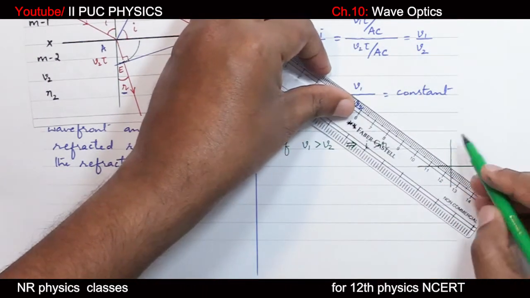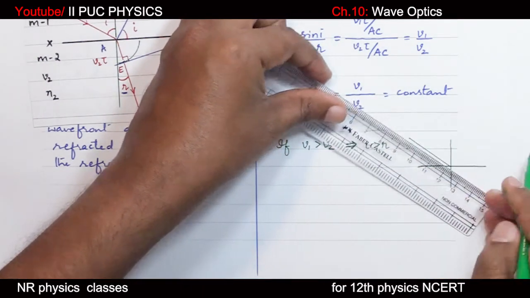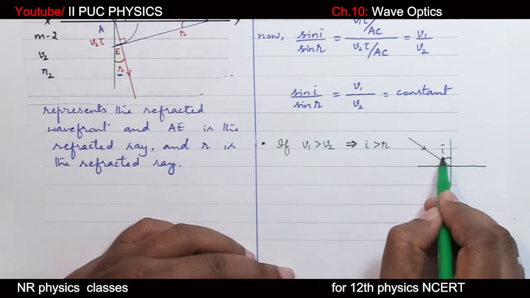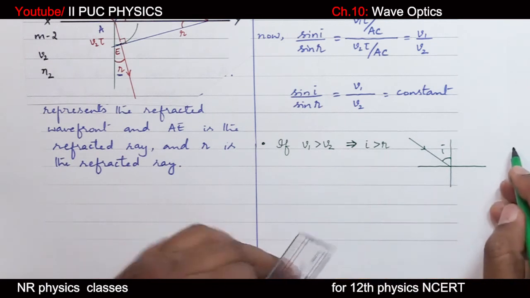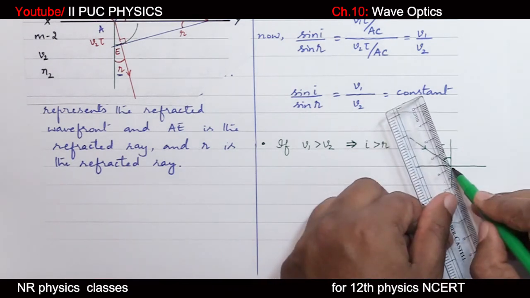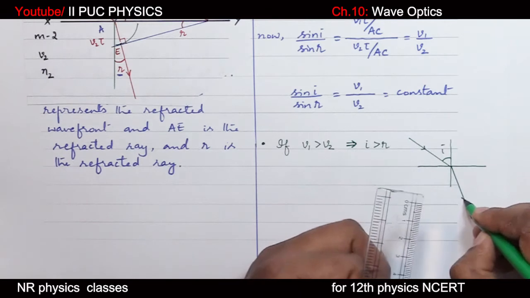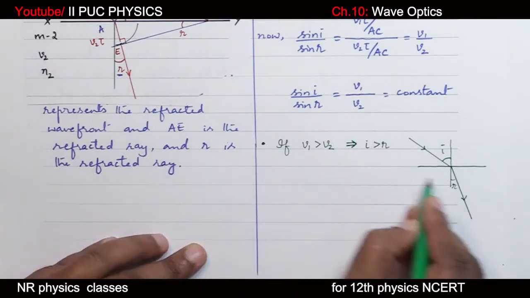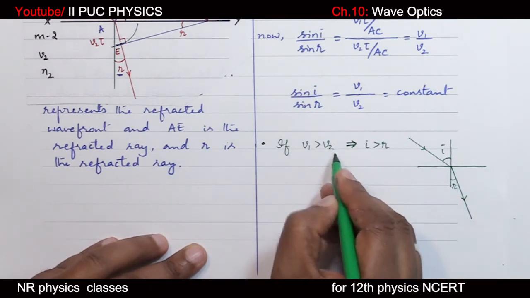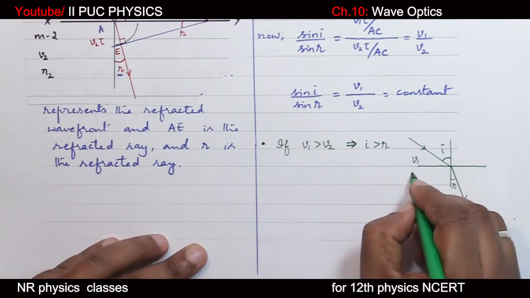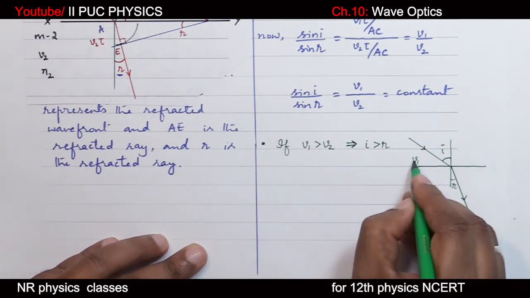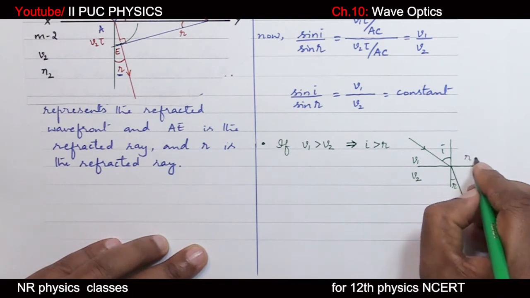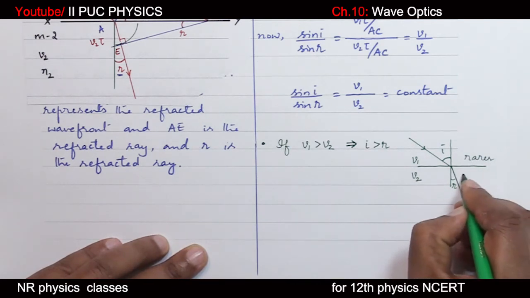If this is the incident ray, angle of incidence I greater than R means the refracted ray should be bent towards the normal. So this is R. This is true only when V1 is greater than V2. This is V1, this is V2. V1 greater, speed of light is more, means it should be rarer medium. And this is denser medium.